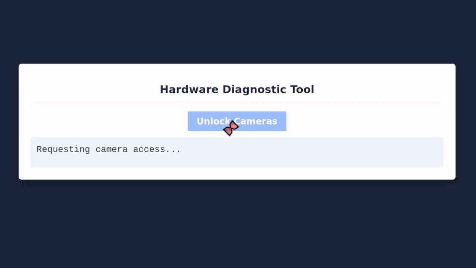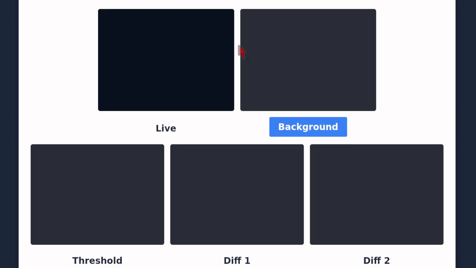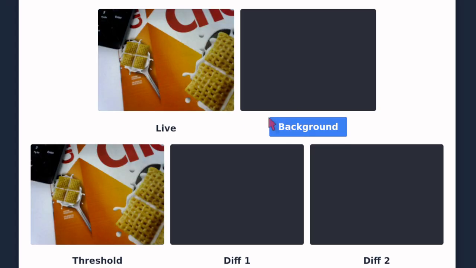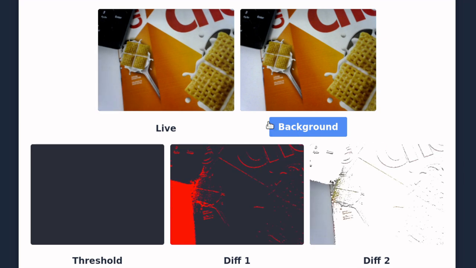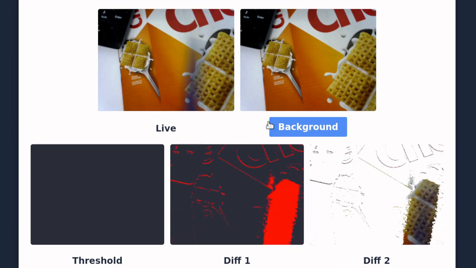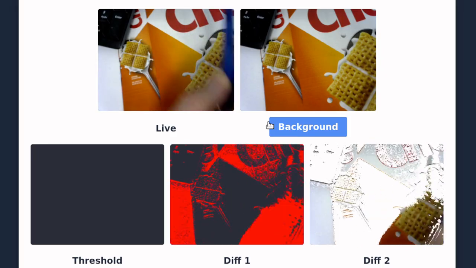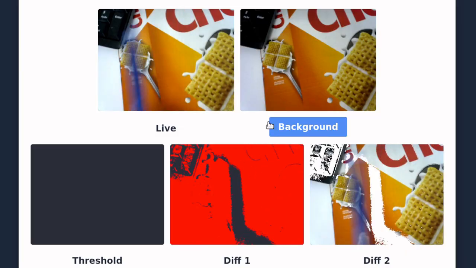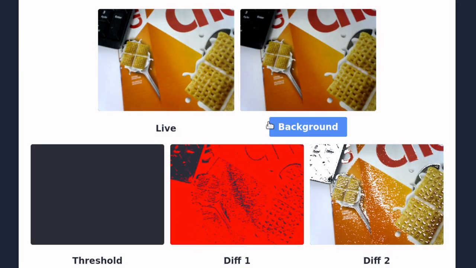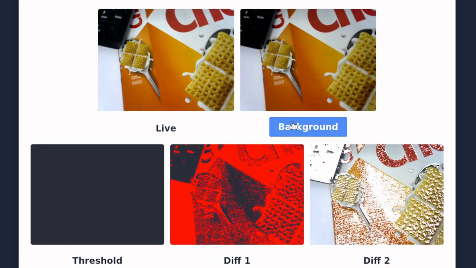Now let me go to the second project. Let's click a background and get a pen here. If you saw the latest videos, you know what's going on here. Let me do the background again.